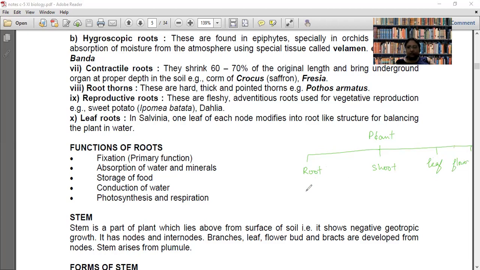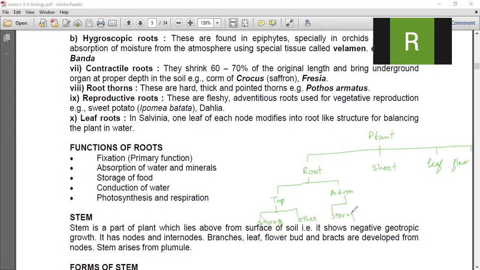So in root you can write down the taproot modification and the adventitious root modification. In this, you can write about storage and other functions.